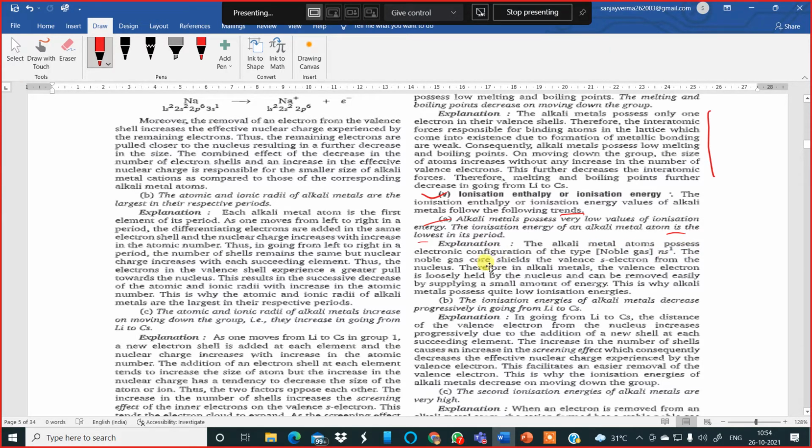The noble gas core shields the valence s electron from the nucleus. So the outermost electron in the s orbital is shielded from the effect of the nucleus. Therefore, in alkali metals, the valence electron is loosely held by the nucleus and can be removed easily by supplying a very small amount of energy. This is why alkali metals possess quite low ionization energies.